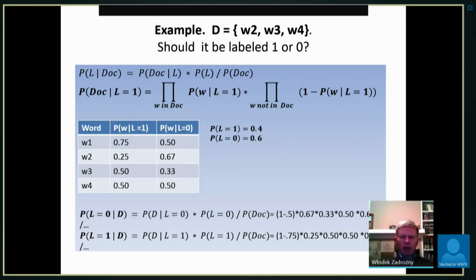Other than that, we don't have to use the complements because the other 3 words are in the document. So to compute the probability of label being 0, we multiply by 0.67, 0.33, 0.5, in the third column of the table that you can see here. And for label 1, we take the probability of word 2 given label 1 being 0.25, and we multiply by 0.5 and 0.5.